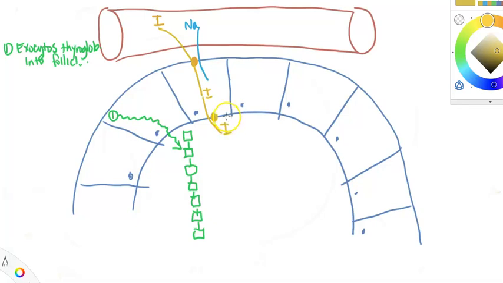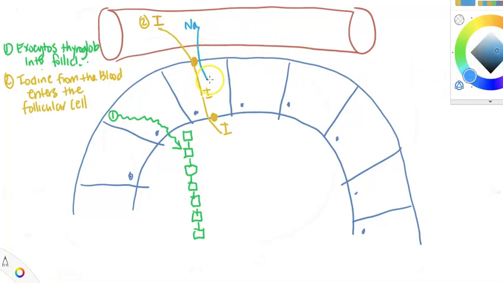Once the iodine is in the follicle, it will bind to the thyroglobulin. So the second step is we need iodine. So iodine from the blood enters the follicular cell. And again, it does that with a co-transporter with sodium going this direction.